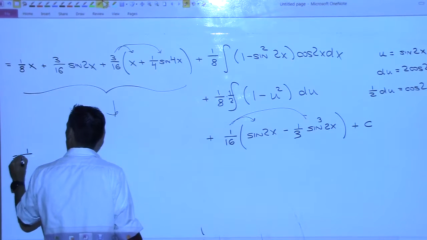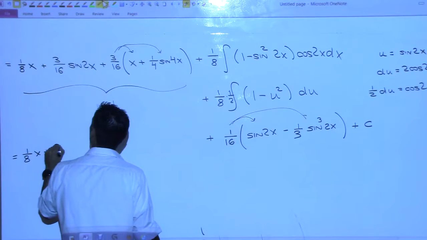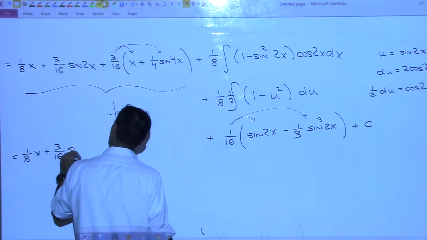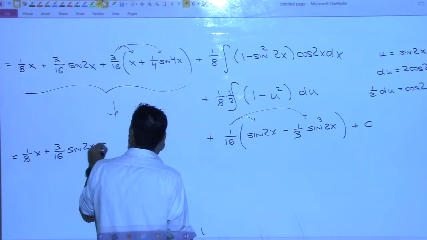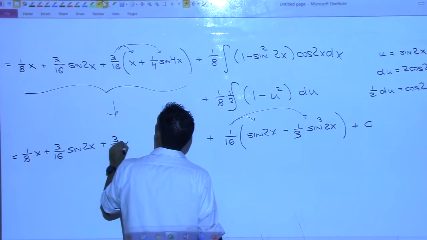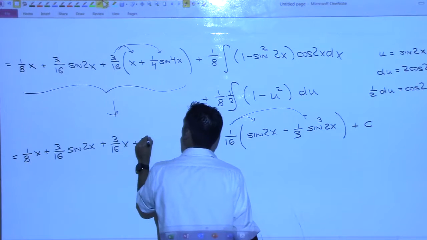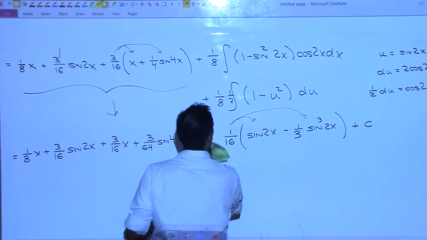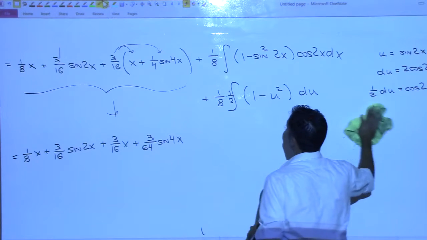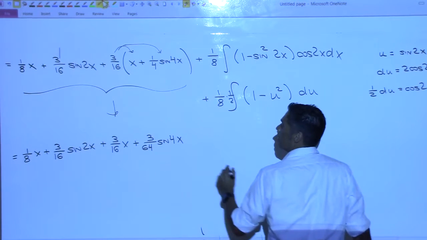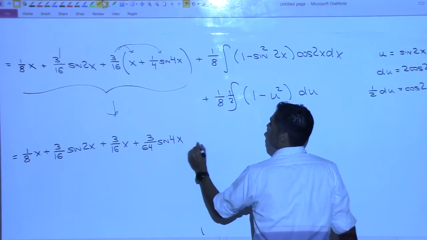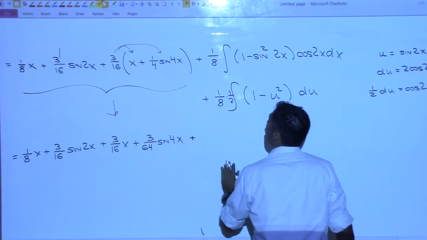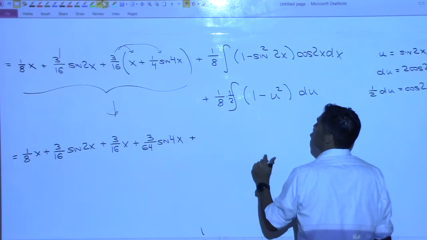We have 1/8 x plus 3/16 sine 2x plus 3/16 x plus 3/64 sine 4x. Oh, I just erased what I needed. Okay, so it was 1/16.